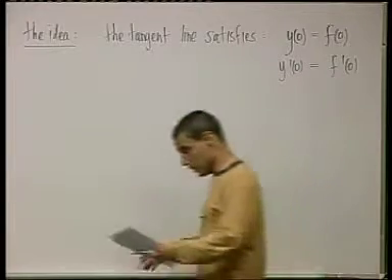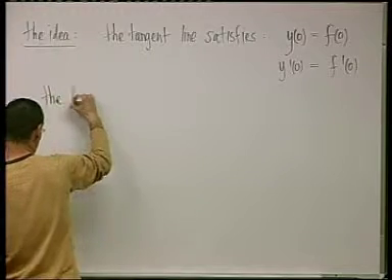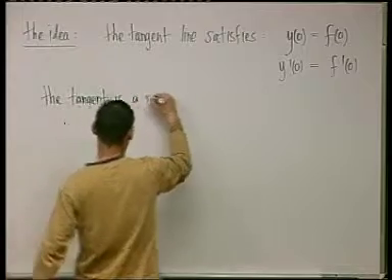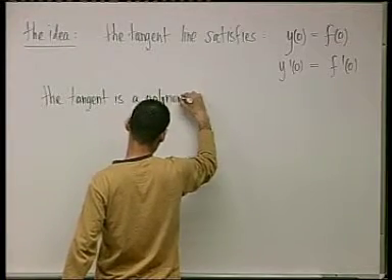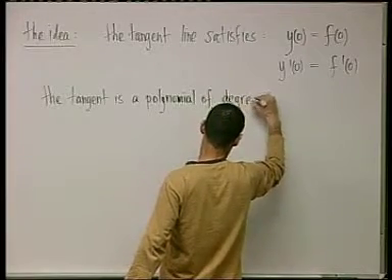So in general, the tangent is a polynomial of degree 1.